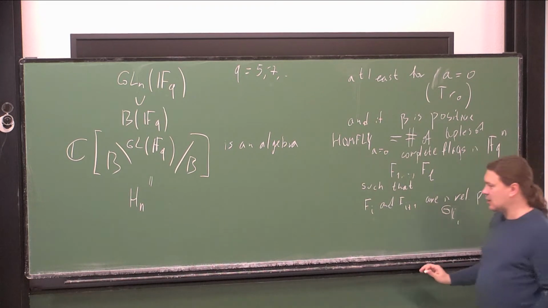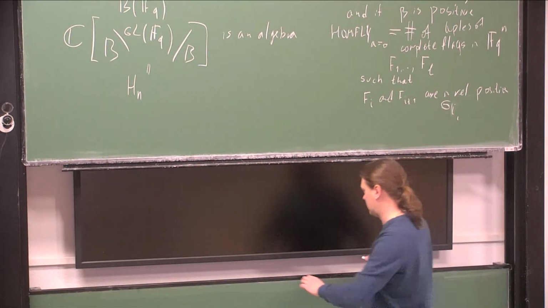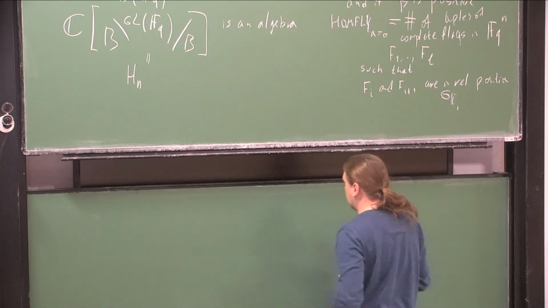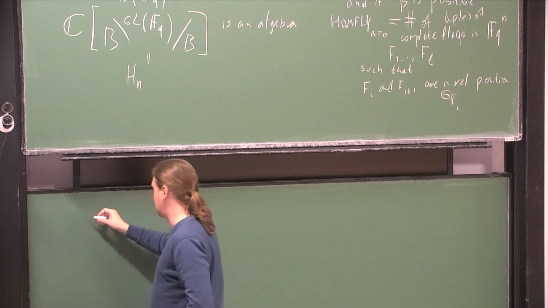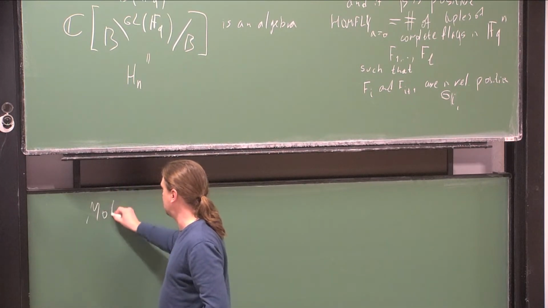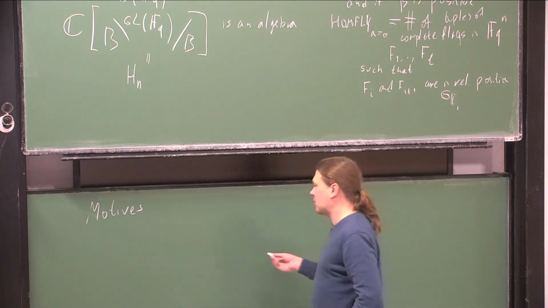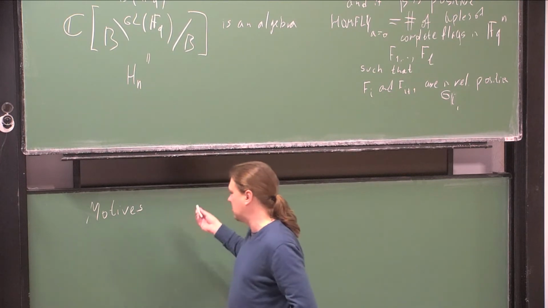Okay, and now this is the motivation part. Excuse me for being slow. So there is this idea coming from number theory. Let me try to explain it. So what is a motive?